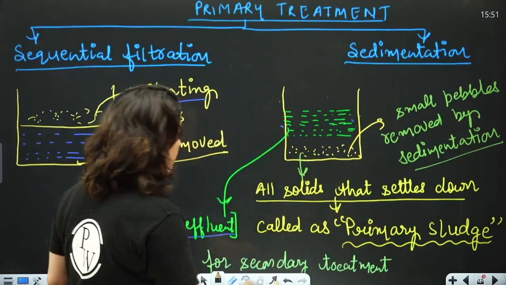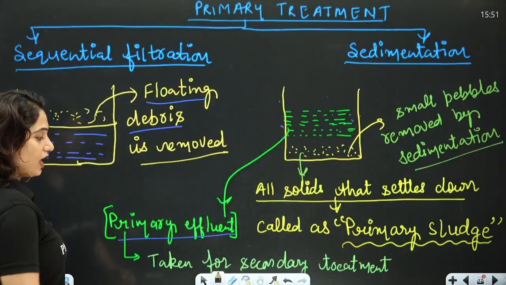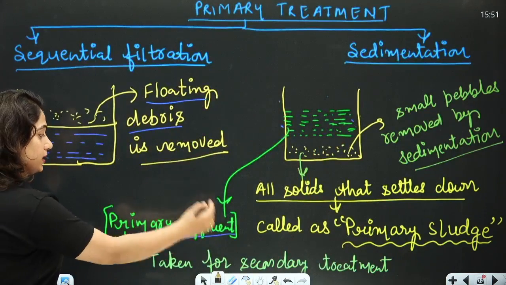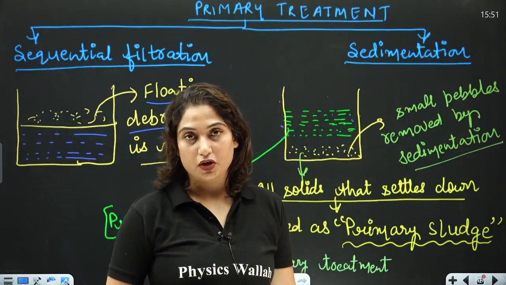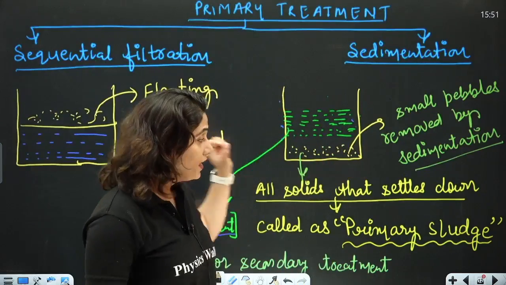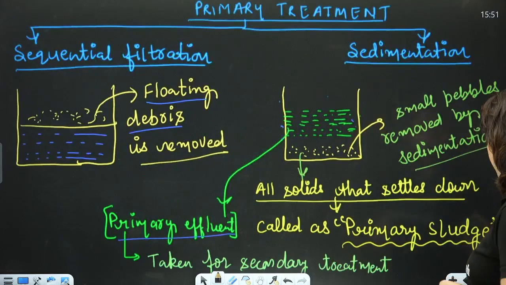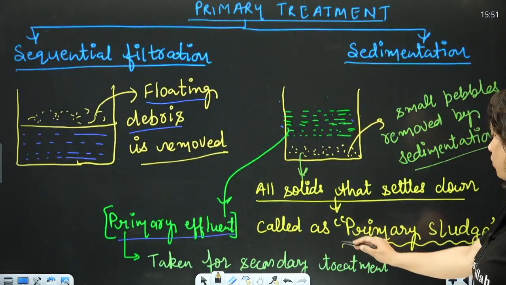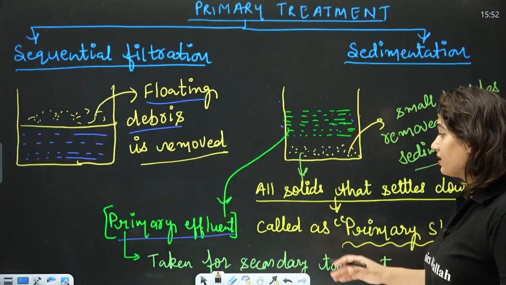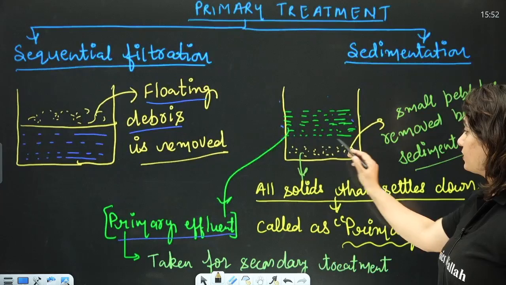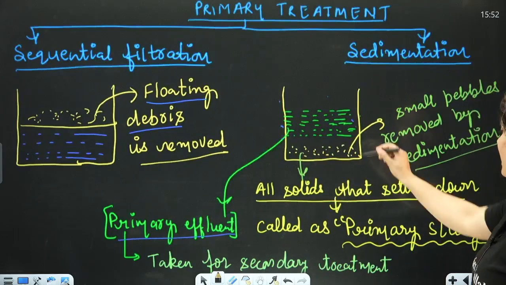So ultimately, this liquid you are seeing here is called primary effluent, right? And this primary effluent is ready to go into secondary treatment. This question is very important: what is primary sludge? Primary sludge is nothing but all the solid impurities which have settled down in the tank.